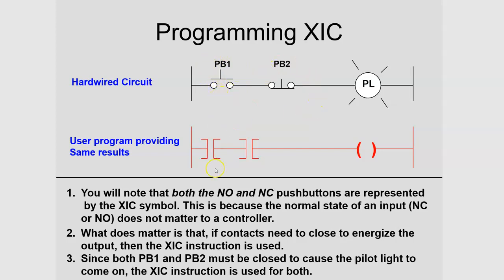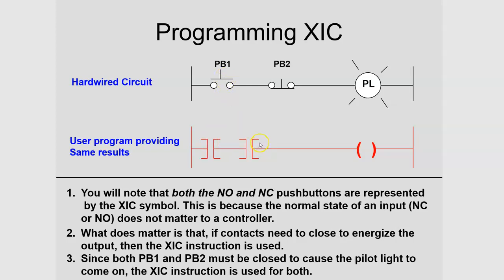But what about this one? If I look at it, it's looking for a 1. It sees a 1, and so this is always going to be true because that switch is always going to be closed. That's always a 1. So now the only thing determining whether I have a 1 here is whether that button is pushed or not.